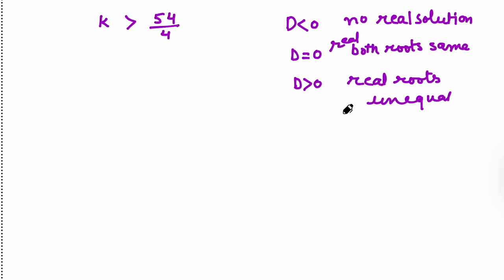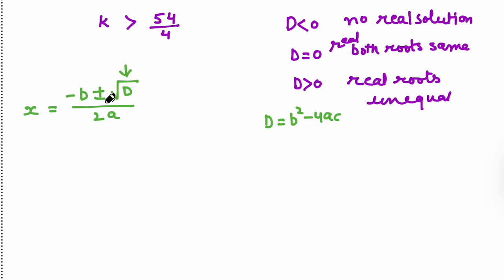Now the question is, what is the concept behind it? If we use the quadratic formula, the two values of x are (-b ± √D) / 2a. That is the quadratic formula, right? And D in turn is b² - 4ac. Now all depends upon this D, right? If D is less than 0, as in this case, then this number will be an imaginary number, because such numbers are not real numbers.